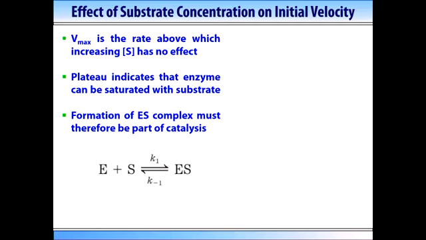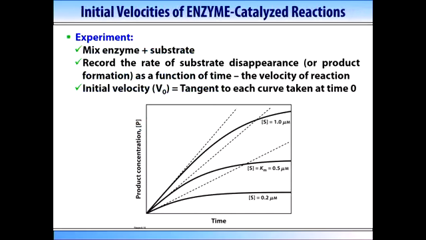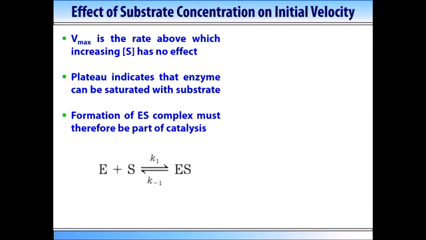The plateau here indicates that the enzyme can be saturated with the substrate. We'll see this actual plateau on the following slide. And formation of the enzyme-substrate complex must be part of the catalysis. We'll focus on this part in a second.